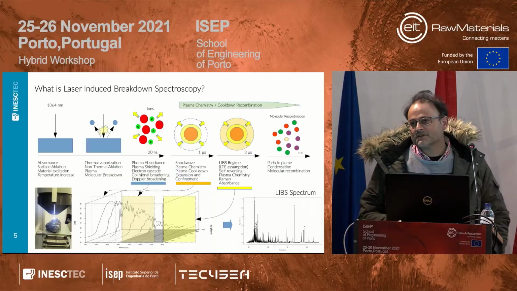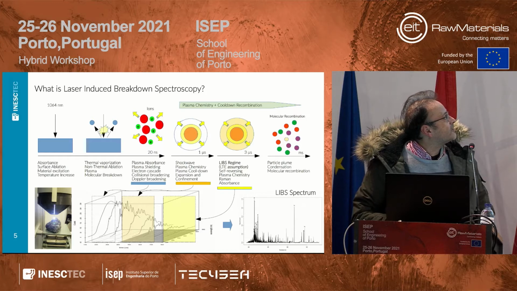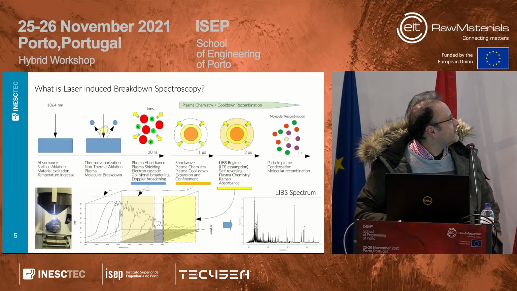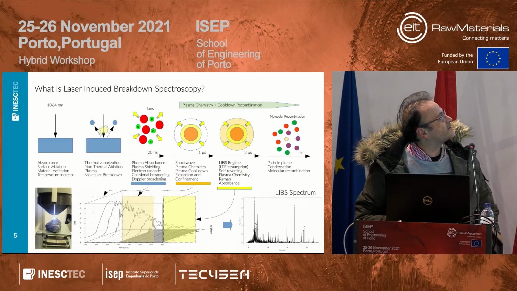So I must review, from an information point of view, what happens in thermal excitation LIBS. The sequence of events is that we fire the laser, absorbance occurs, and after the absorbance at the surface of the solid or other material, you have surface ablation due to temperature, and material excitation. From this, parts of the material are ejected, and the laser keeps coming.